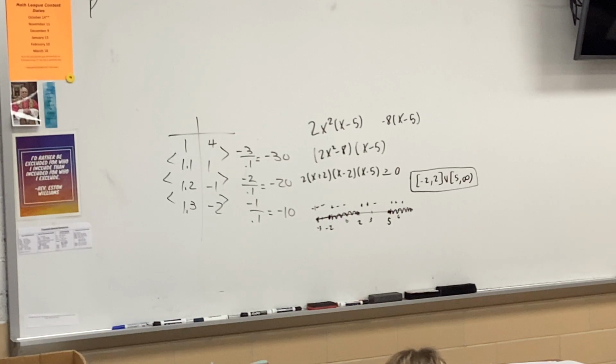On each interval, determine if the rate of change is increasing or decreasing. So from 3 to 4, is the rate of change increasing or decreasing? Increasing. Why is it increasing? Because it's concave up.